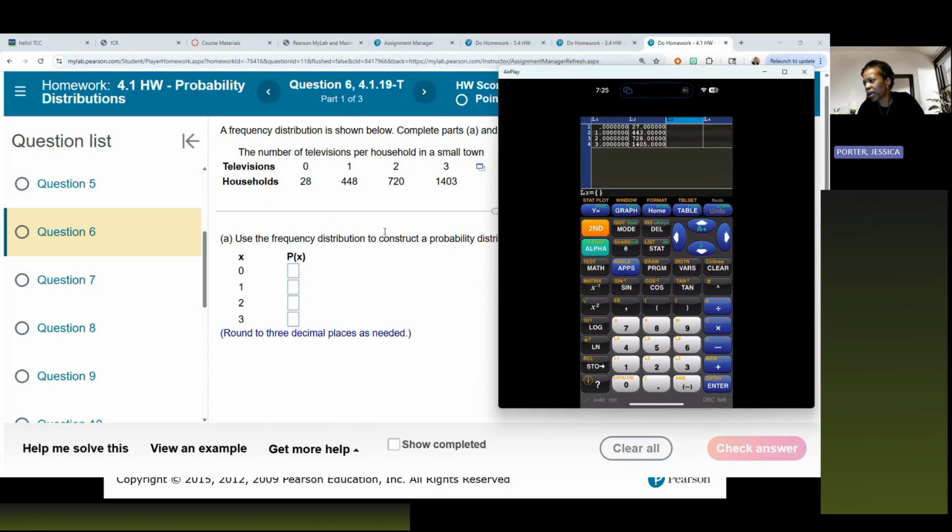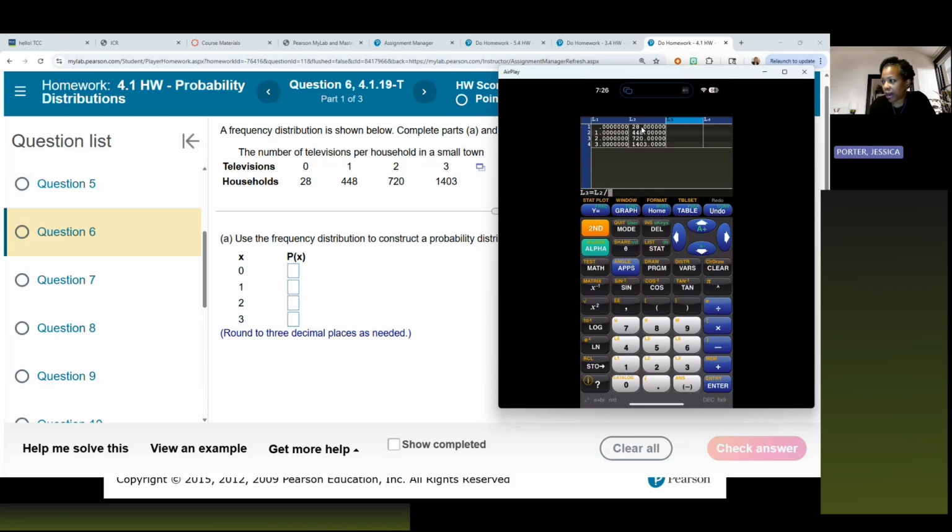All right. We've got 28, 448. So I'm going to go to list 2, and I'm going to put in those numbers: 28, 448, 720, 1403. And then in my list 3, this is how we do this. You're going to go second 2, which puts an L2 into the L3 mark.